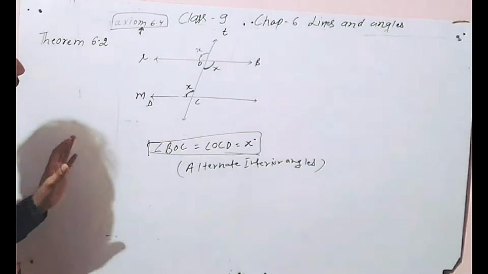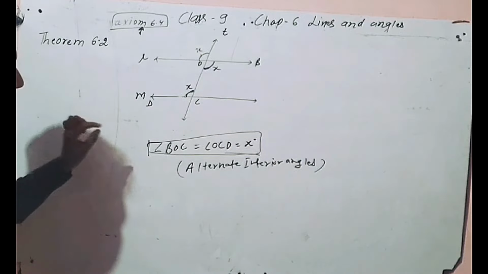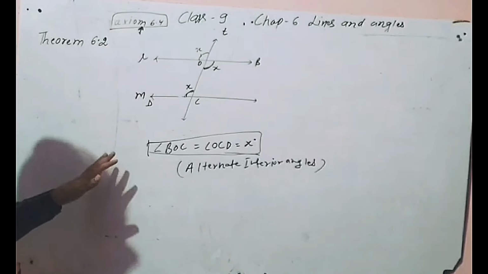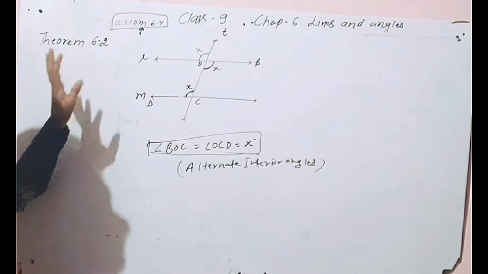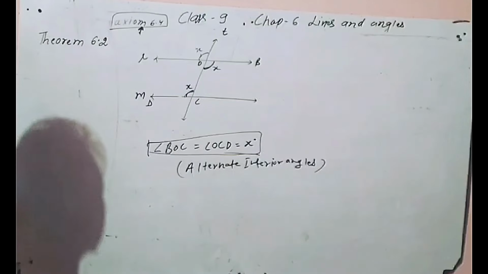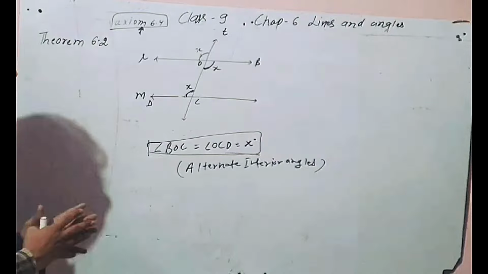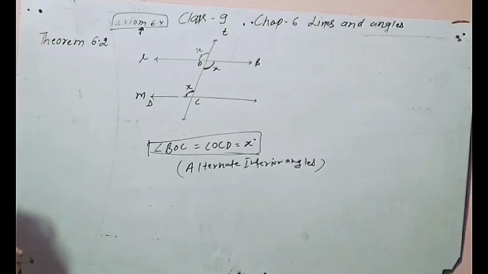If lines are parallel, then alternate interior angles are equal. If alternate interior angles are equal, then those lines are parallel. This is theorem 6.2 and 6.3. 6.3 is the converse of this. This is theorem 6.2.